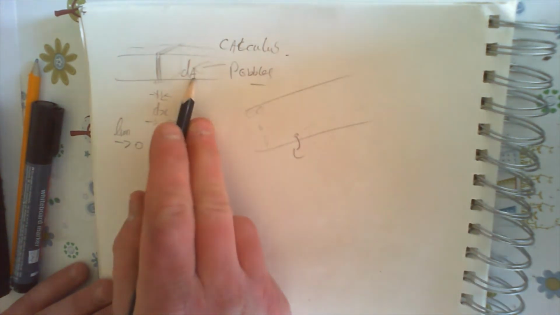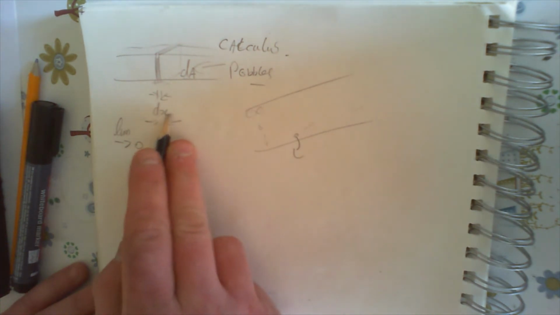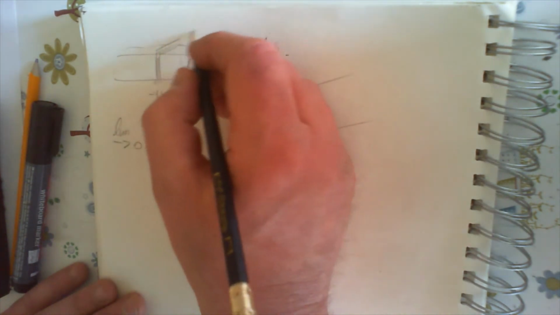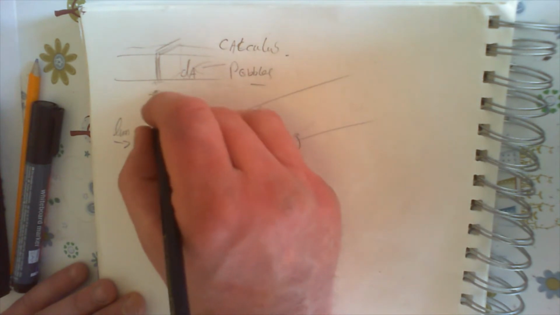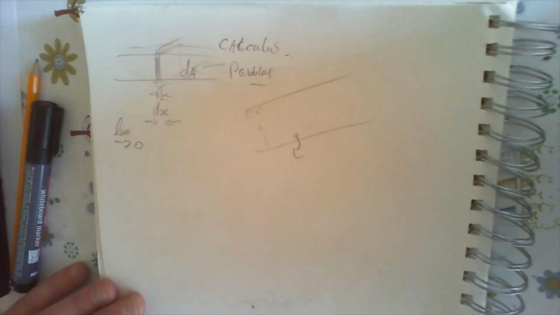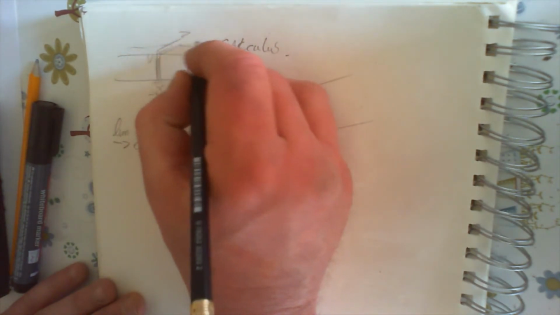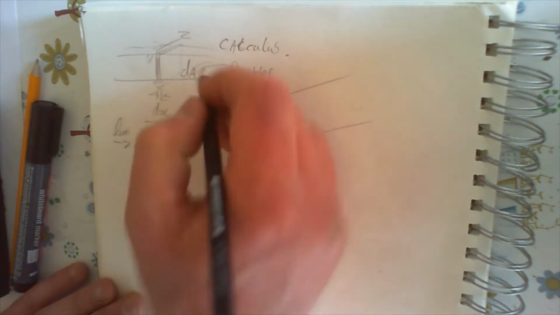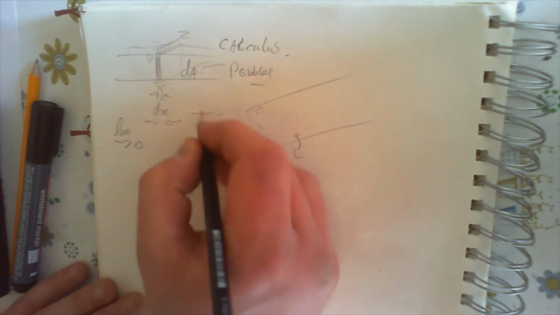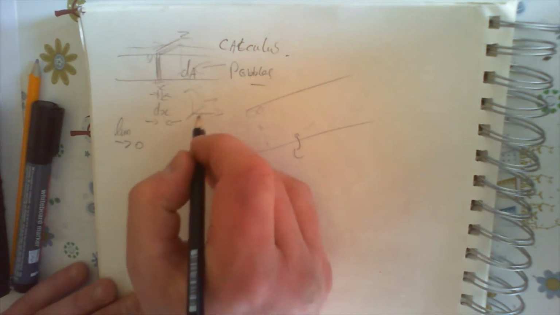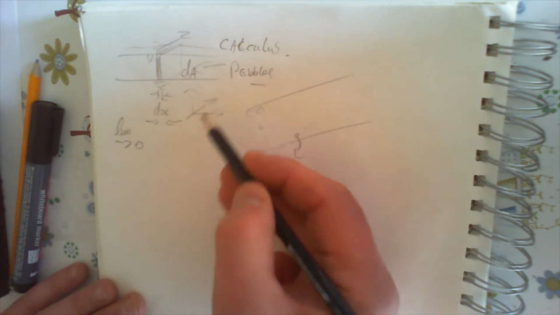In terms of x, if y is going that way, z would be the depth of your beam.